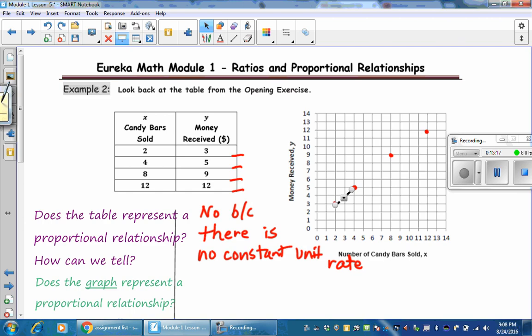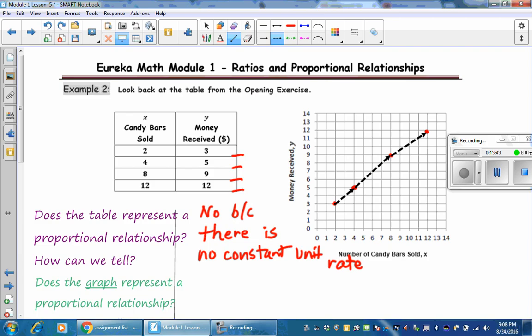So let's get this back here where it belongs, and then let's do another line to show you what that looks like. So take your straight edge and connect each point to its next point. And you can see that although it's close to straight, it's not exactly straight.